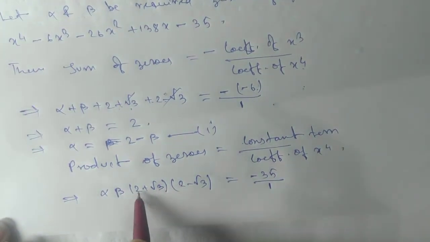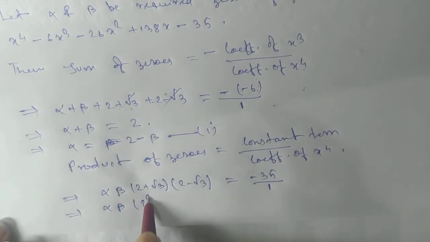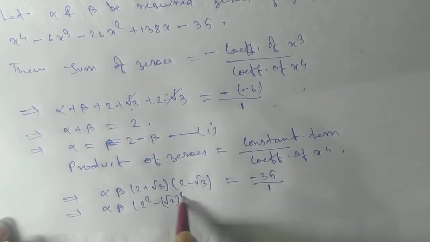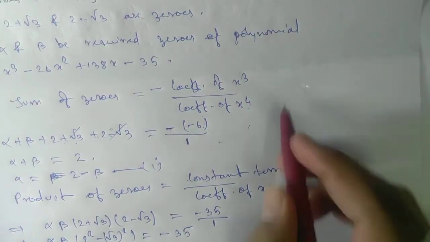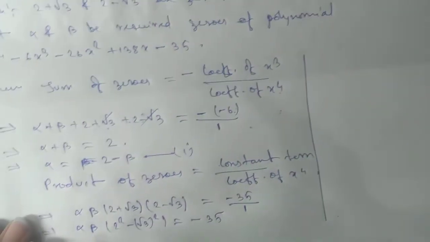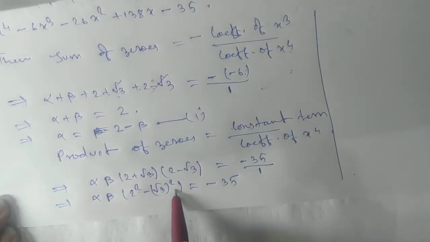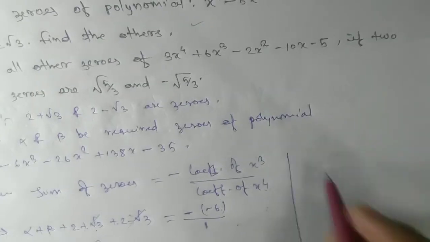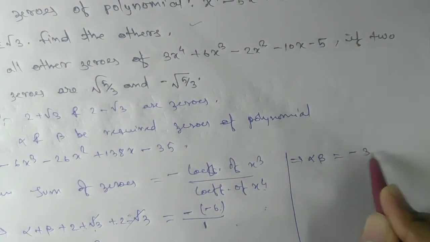Look here, a plus b into a minus b gives a square minus b square. This will be 2 square minus 3 square, which is 4 minus 3, giving 1. That means alpha beta equals minus 35.